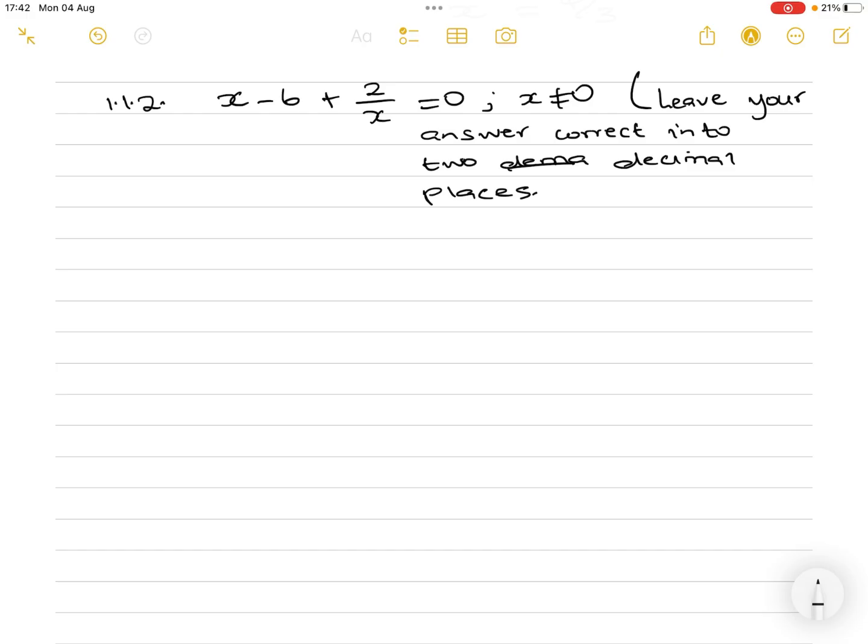I will multiply everything here by x. It will be x minus 6 plus 2 over x which is equal to 0, times x again. What I do on the left, I also do on the right.